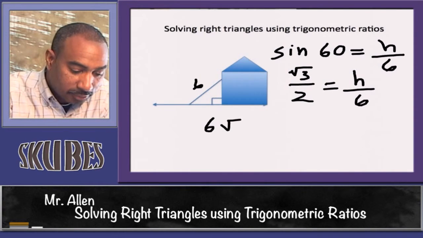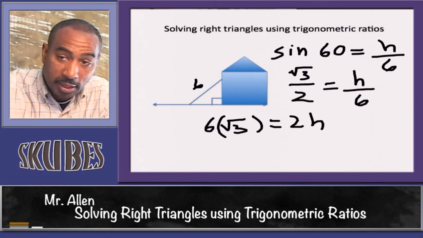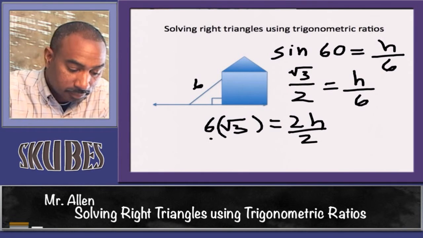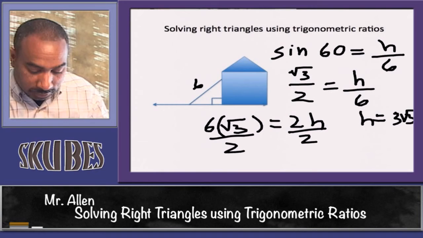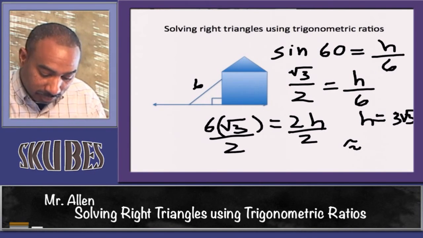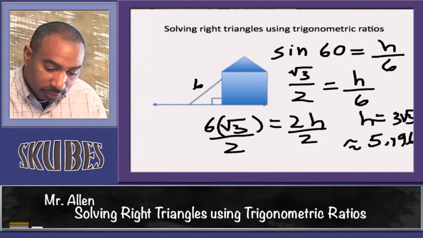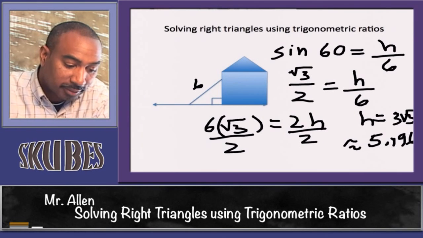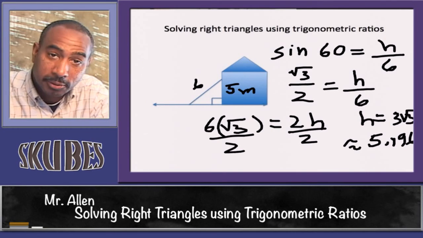So you have 6 radical 3 equals 2h. And you're going to divide both sides by 2. So the height's going to equal 3 radical 3, which is approximately, if you get in your calculator and multiply radical 3 times 3, you're going to get 5.196. So if I round to the nearest ones, we'll say it goes up roughly about 5 meters. This concludes our lesson for today.